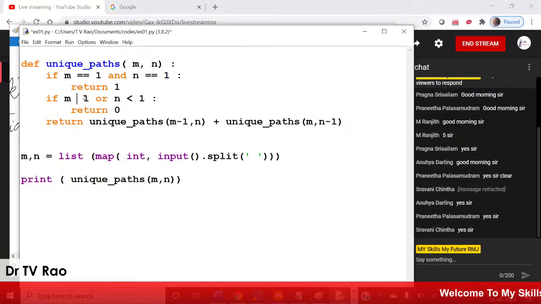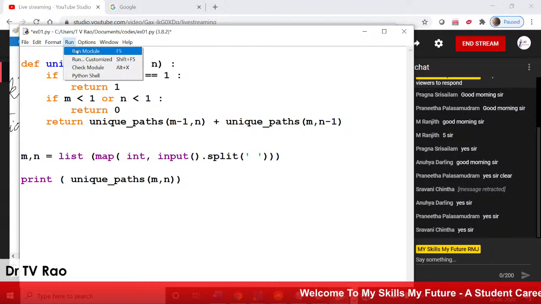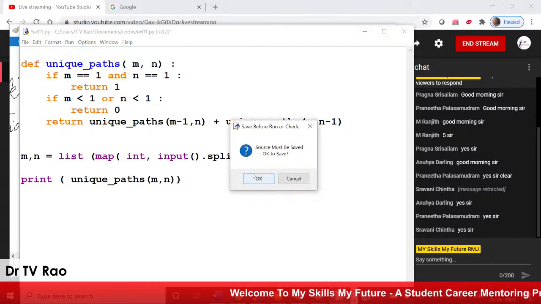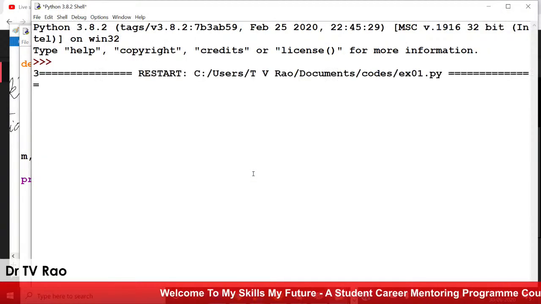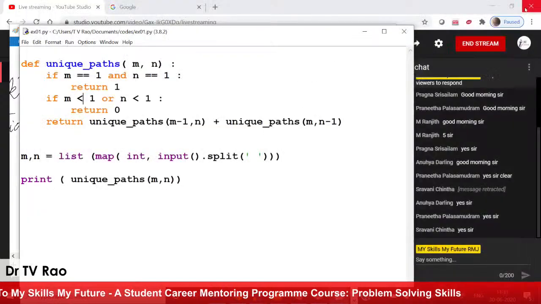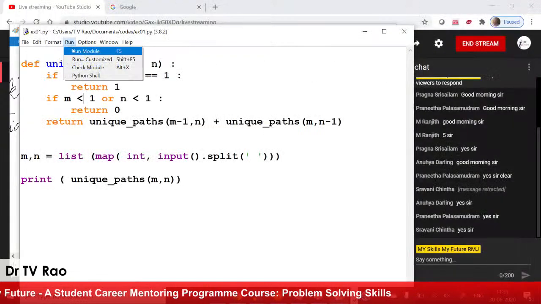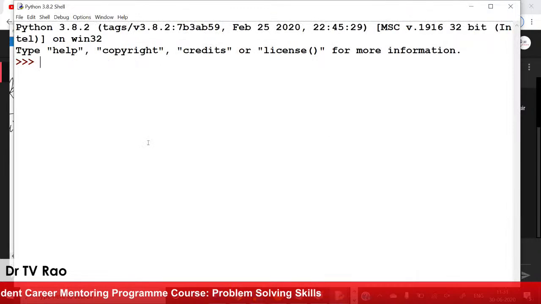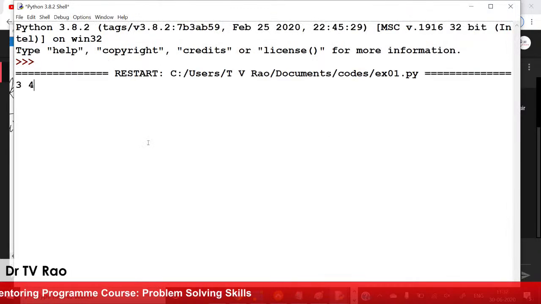M is less than 1 and N is also less than 1. Suppose you have 3 rows and 4 columns, you have 10 different ways.